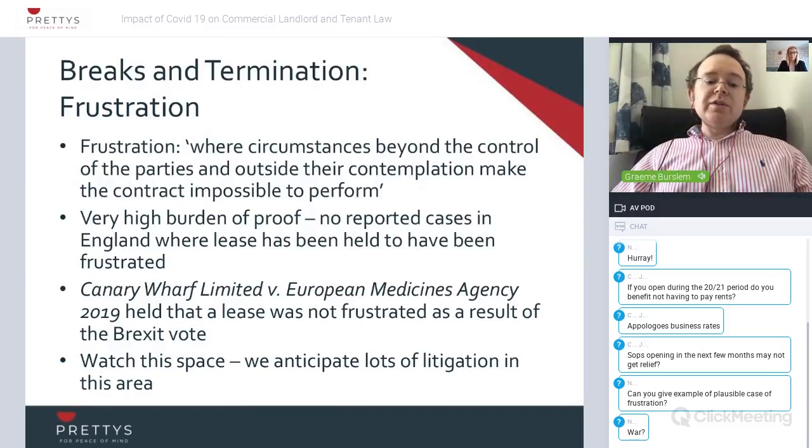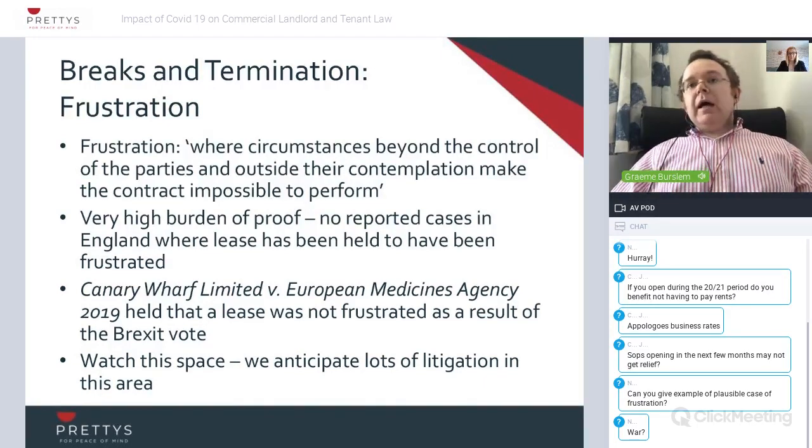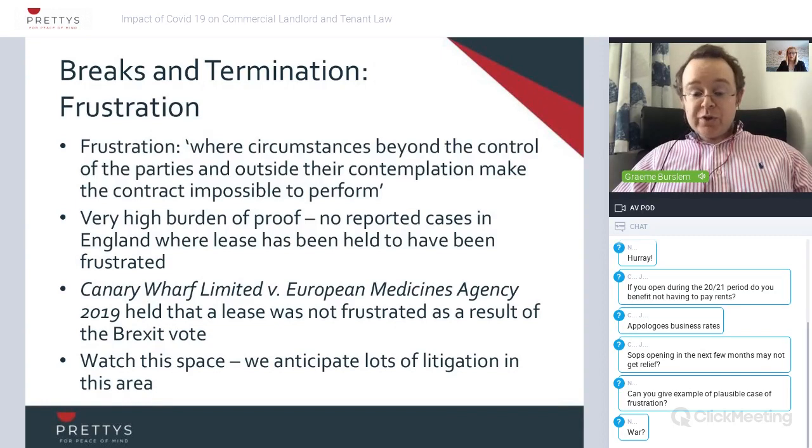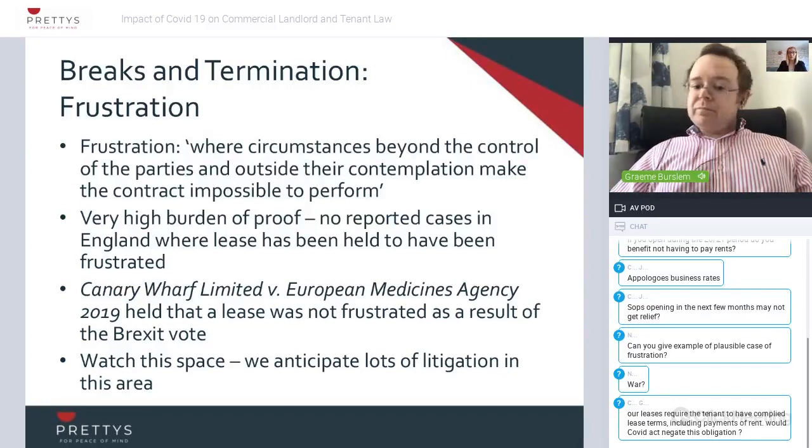The European Medicines Agency entered into a new lease of some costly premises on Canary Wharf, aiming to use it as what they thought was going to be their European headquarters. Then we had the referendum result, and they decided it wasn't a great plan. So they went to court and said, surely our lease has been frustrated by this.